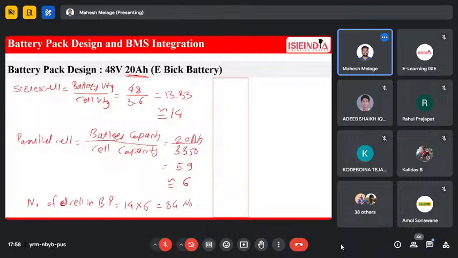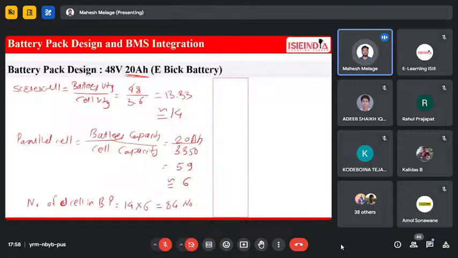So you can see clearly how the series cells are found and how the parallel cells are found. Using both series and parallel, we calculate the battery pack. These create the huge battery pack.